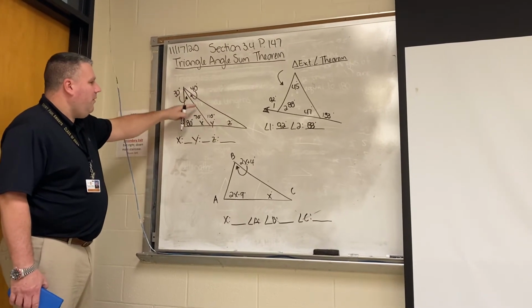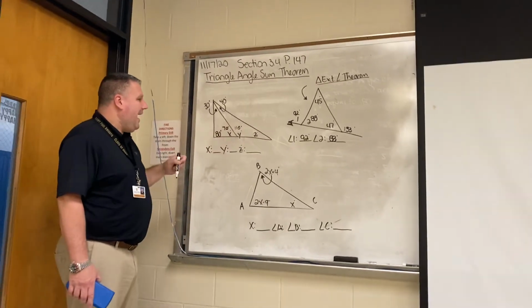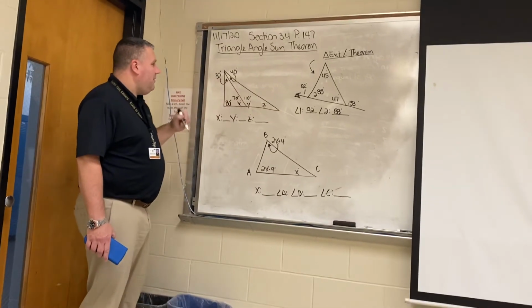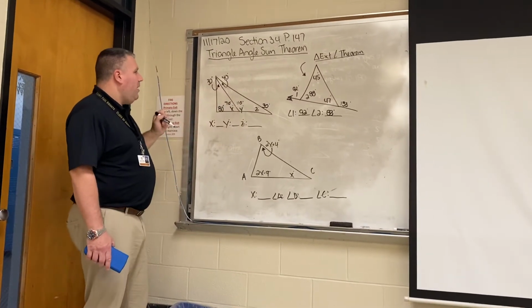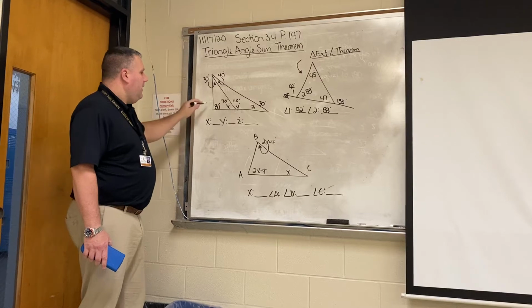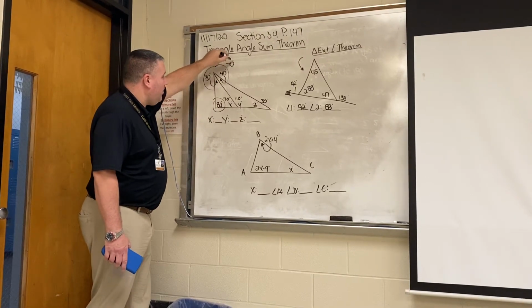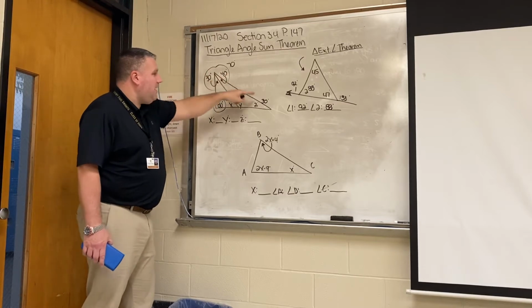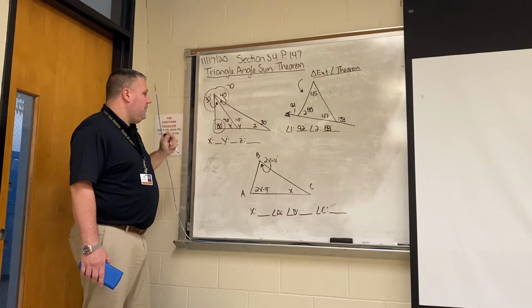Now, if this is 40 and 110, that's 150 degrees. 180 minus 150, this has to be 30 degrees. If we also take a look at this here, if this is 80, this is 70, the total, and this is 30, 70 and 30 is 100, plus 80 is 180 degrees, so it all checks out.